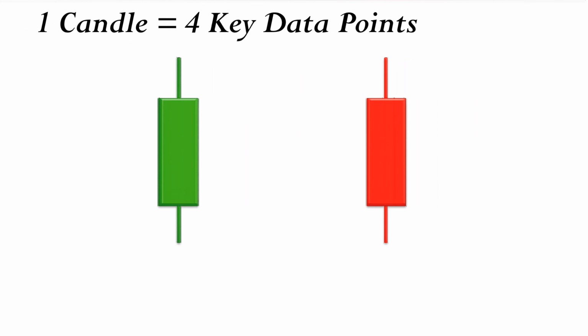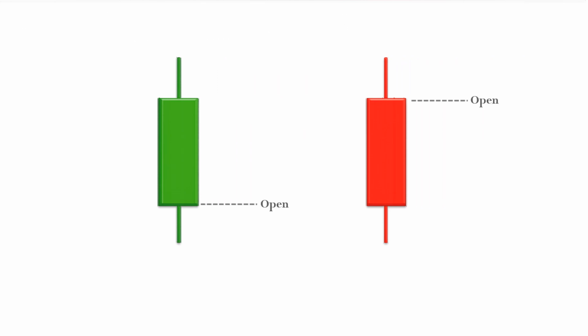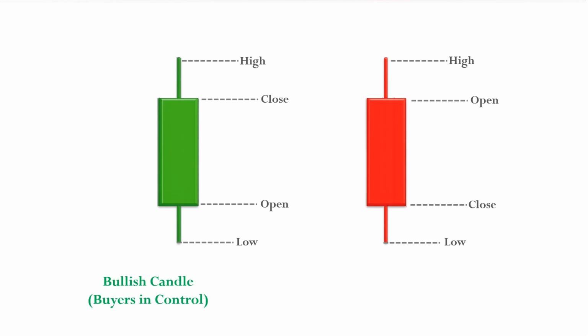A single candle shows 4 key pieces of information: the open price, where the asset started trading; the close price, where the asset finished trading; the high, which is the highest price reached; and the low, which is the lowest price reached. A green candle means buyers are in control, and a red candle means sellers are in control.